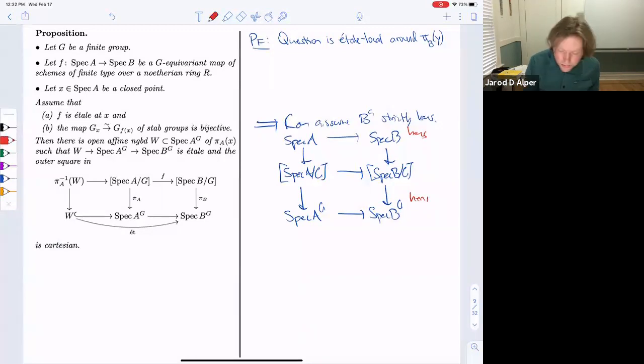And then, similar to the argument before, we're assuming that this map is étale. And because B is Henselian, you have a section. And then you argue that this section is G-invariant. In this case, I think it's even easier than the last case, because this section is an open and closed immersion.